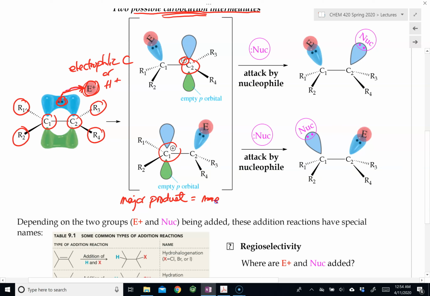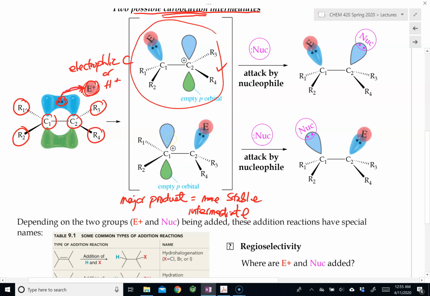So the more stable intermediate. If the first one is more stable than the second one, then this would be the major product. And again, we have to be comparing the stability of these two carbocations, on carbon 1 and on carbon 2.